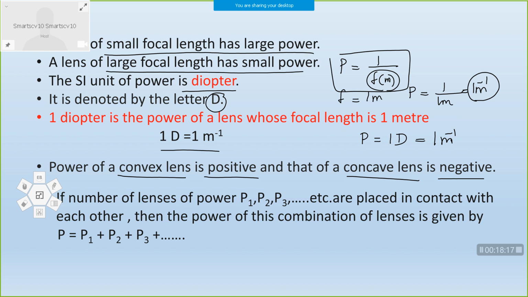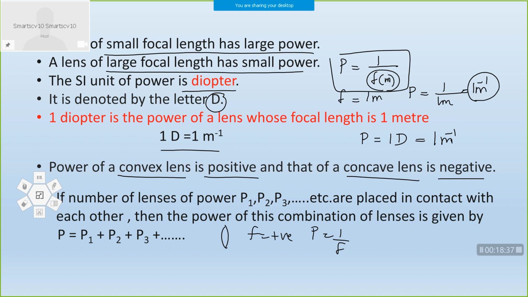What is the reason? You know, for a convex lens, focal length is positive. So power is the reciprocal of focal length. If focal length is positive, power will be positive. If focal length is negative, power will be negative.